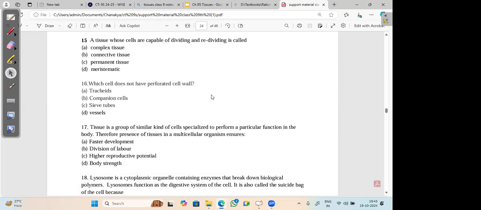Which cells do not have a perforated cell wall? Companion cells, no? Yes, companion cells. They do not have a perforated cell wall. Even the tracheids have perforated cell wall. Sieve tubes have and vessels also have.